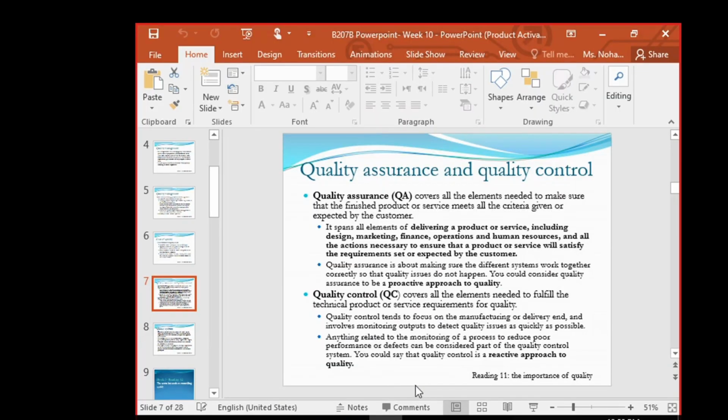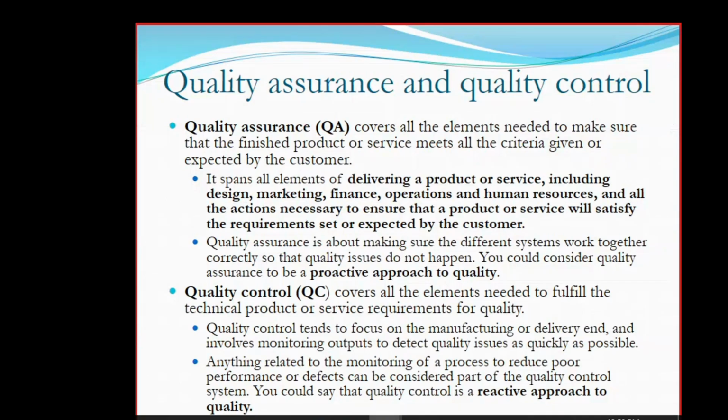So what does the word assurance mean? Ensure of something. Yes. So when you want to make sure that everything is going well. So quality assurance means planning ahead of time that no mistakes will happen as much as you can, of course.